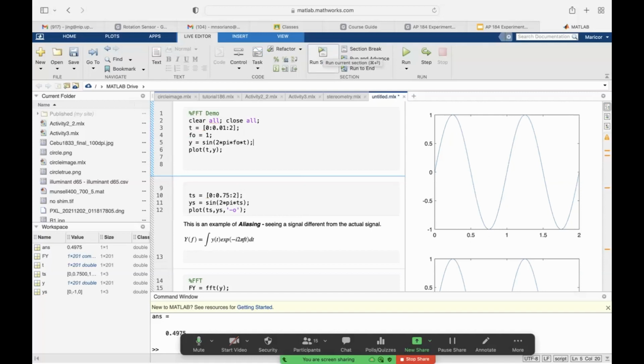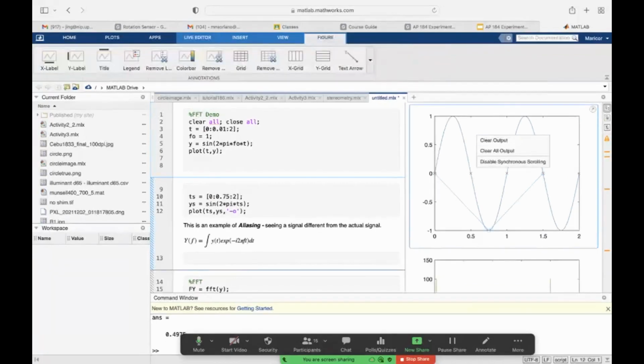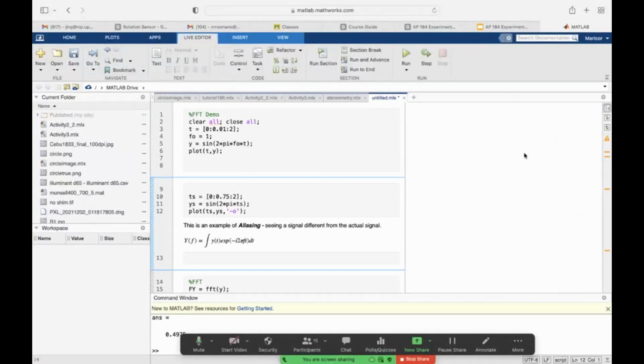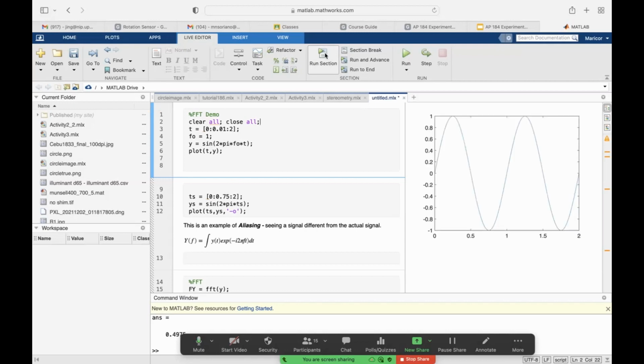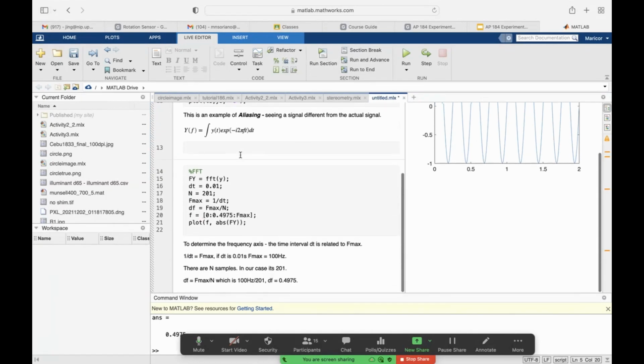Then I'll just run this section to create it once again. Where did it go? I don't know. Did it work? Let's delete this, guys. Clear all output for a fresh start. Okay, run section. There. Let's first make a discretized sine wave. Here it is. Let's change the frequency, no problem. Let's make it more frequent. Remember, F naught equals 4 hertz.